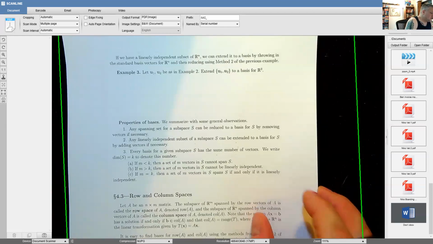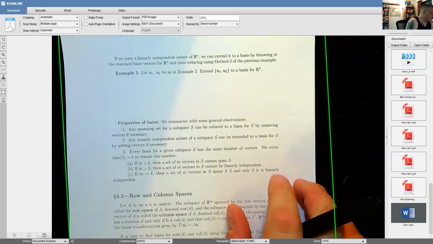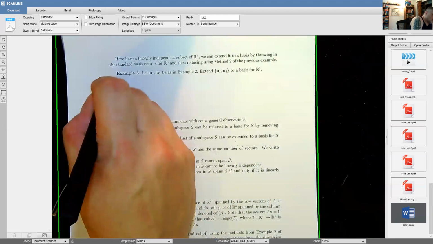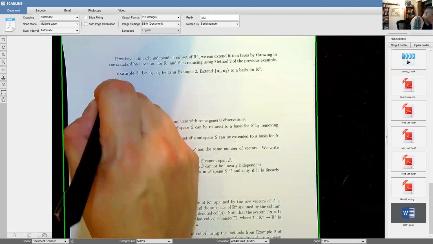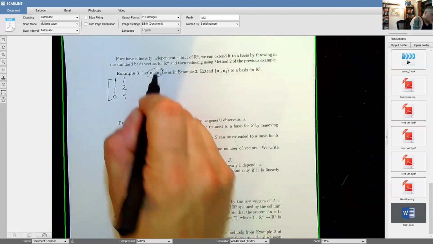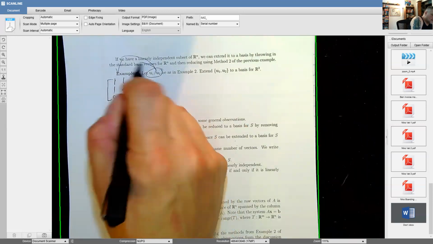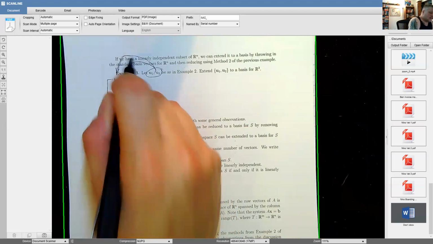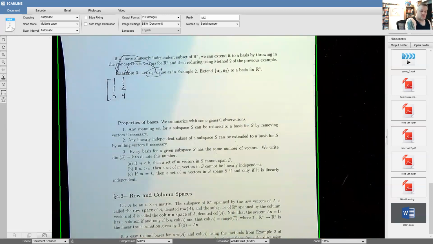All right, so let's take the U1 and the U2 in example 2. We know already that (1, 1, 0) and (1, 2, 4) are the vectors from example 1, the set that was the basis for the range of T. But there are only 2 of them. We know they're linearly independent, but they can't span all of R3 because there are only 2.